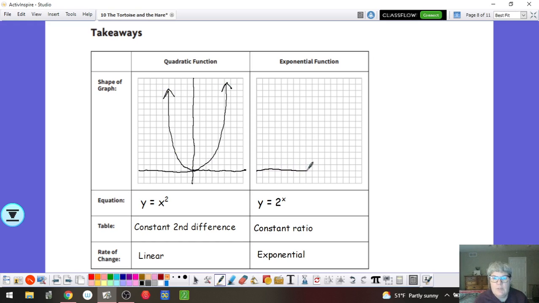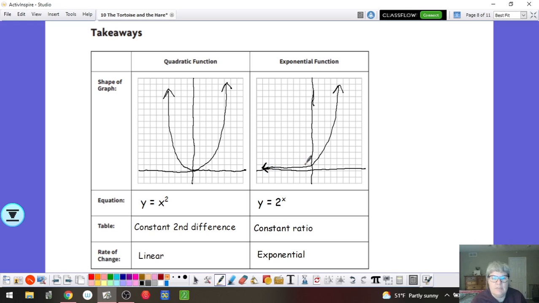With an exponential function, as we saw with the tortoise on that last screen, and it probably also looked like this side where the x is getting smaller, the curve ended up on top of the x-axis. It'll get really, really close to the x-axis, but it'll actually never cross the x-axis.